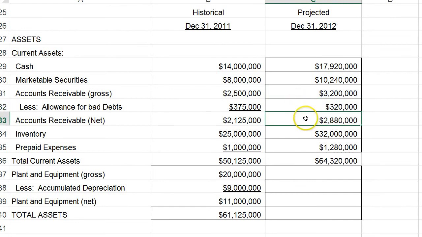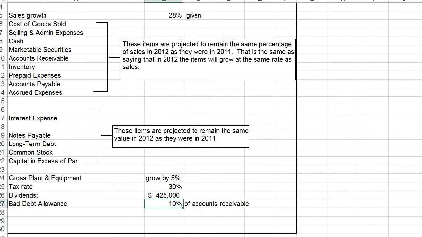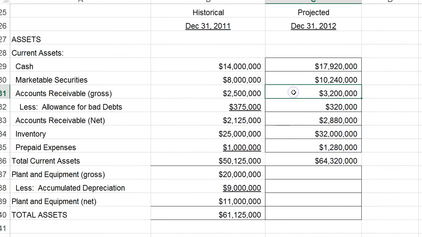Better, much better. Okay, so let's just reiterate that. The allowance for bad debt is stated here in the assumptions as 10%. So that's 10% of the current year's accounts receivable. And you'll notice that over here, this percentage over here may be different.